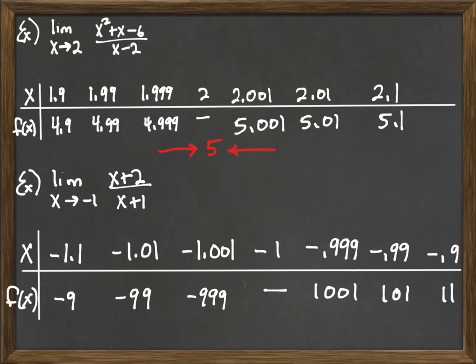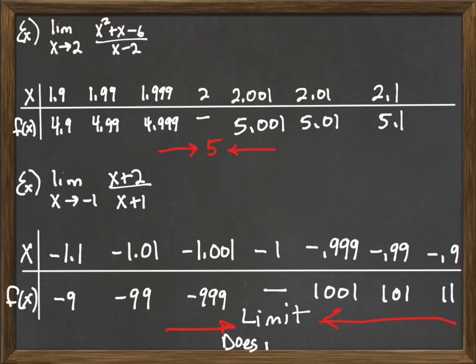So as we try to see what this is approaching, we say, well, there's a bit of a problem. It's not settling into anything. On the left-hand side, it's getting bigger and bigger negative numbers. On the right-hand side, it's getting bigger and bigger positive numbers. If you continue this, you're going to keep getting bigger and bigger. So this is not settling on to anything.